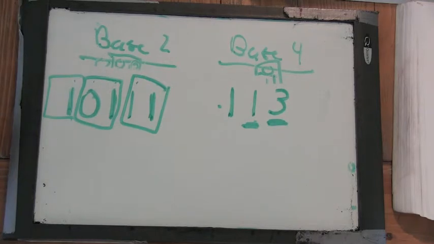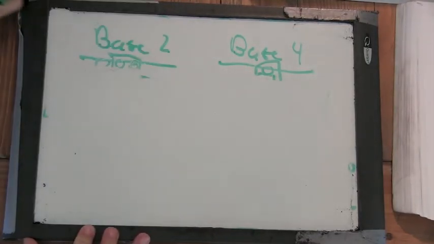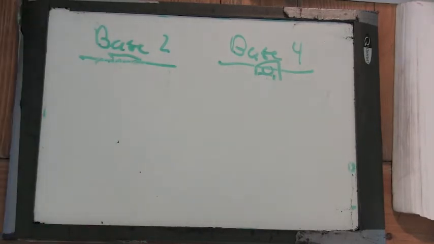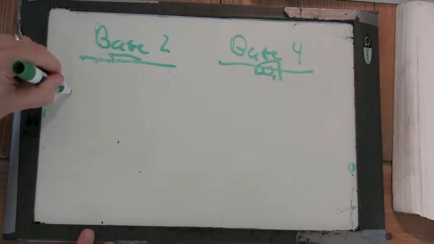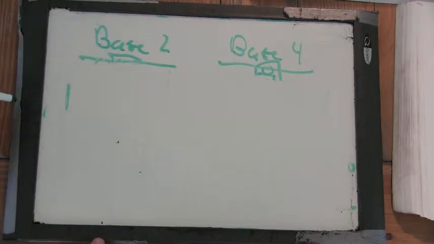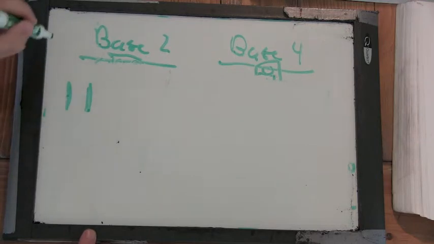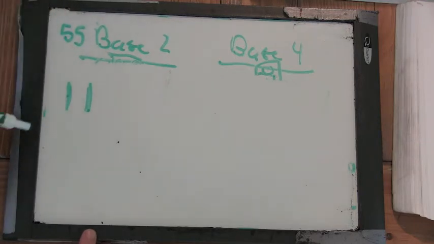Okay, let's pick a bigger number now and see if we can do the same thing. How about a number in the 50s? Maybe 55. Okay, let's look at 55. Well, 55 in base 2: you have a 32, and a 16, which gives us 48, and we're trying to get to 55.